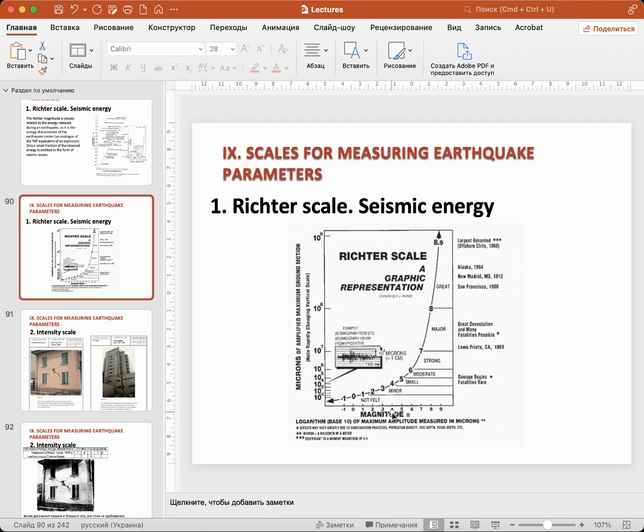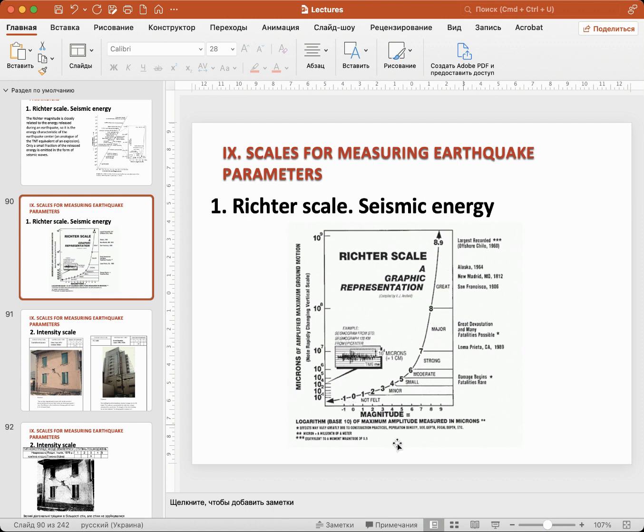Displacement in magnitude 3 is 10 times less than displacement in magnitude 4, and magnitude 3 differs from magnitude 5 by 100 times from the point of view of displacement. But when we talk about seismic energy, the energy emitted from the source of the earthquake in magnitude 3 differs from magnitude 4 by 33 times.